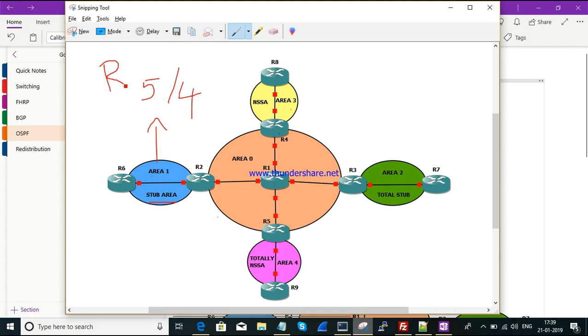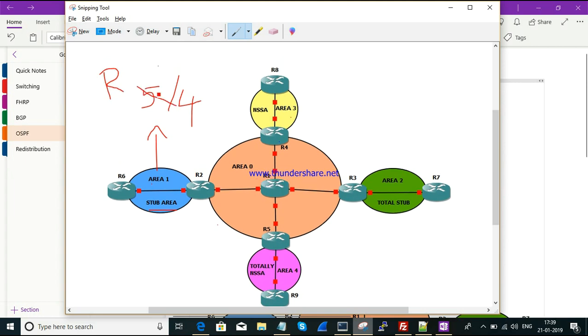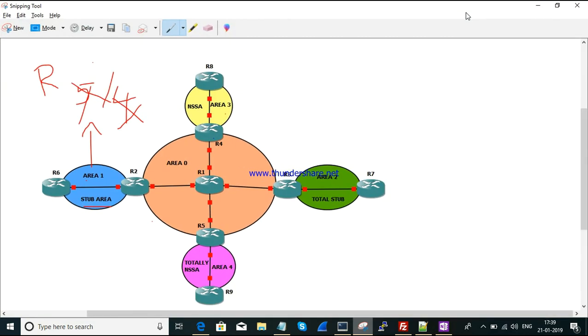Since type 5 is not there, automatically there is no exit point to reach that, so type 4 is also blocked. So this is what stub area is about. Stub blocks type 5 and type 4 LSA.